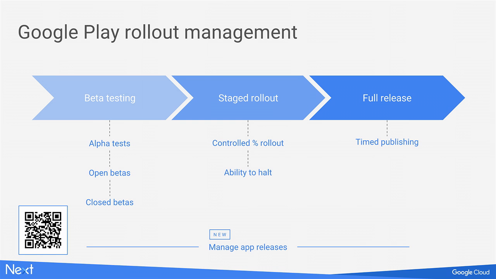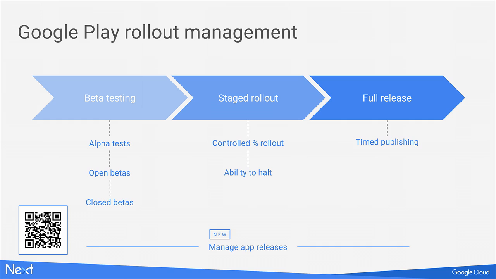Also about rollout management. Google Play now provides a comprehensive suite of rollout tools. Things like alpha beta testing. You can create groups of users for early versions of your app, which will then roll out automatically to those users using the same update mechanisms that Google Play uses for regular updates.